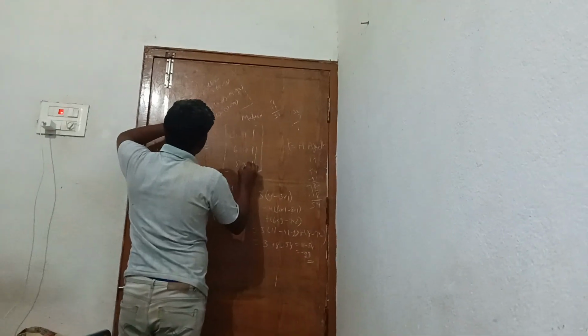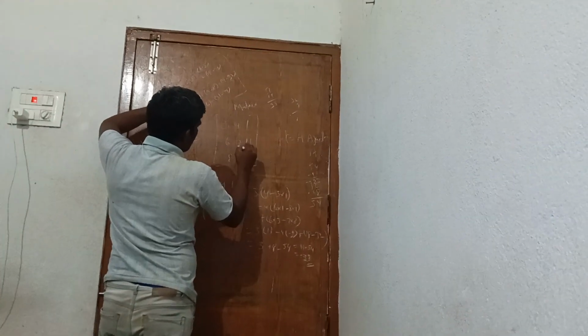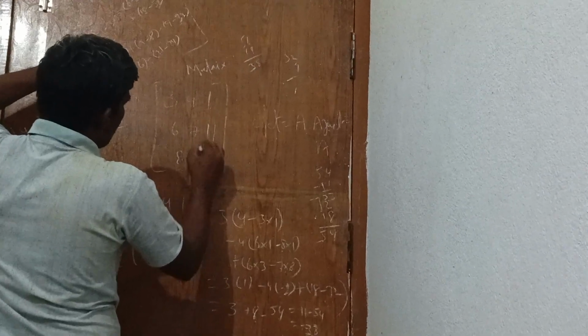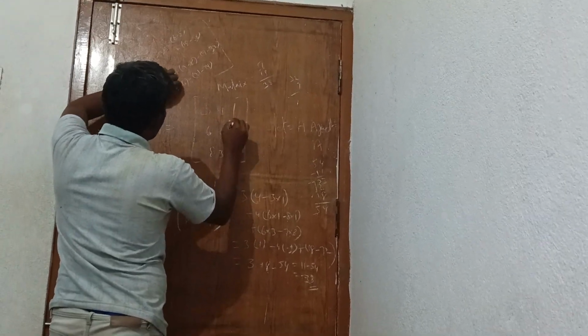This 3 value minus 3 value 3 value 3 1 is 6.